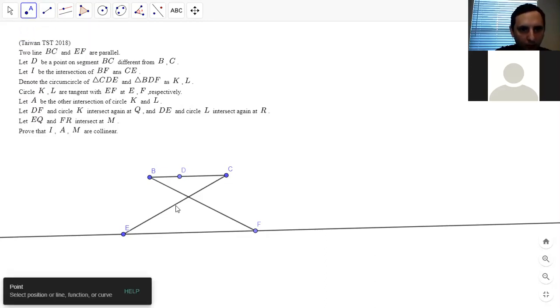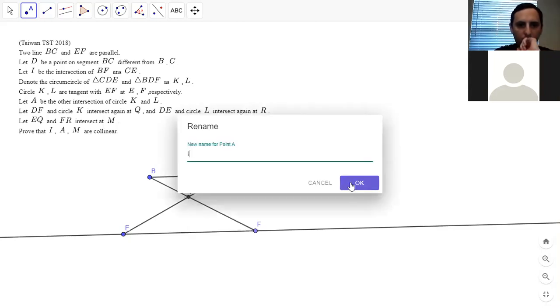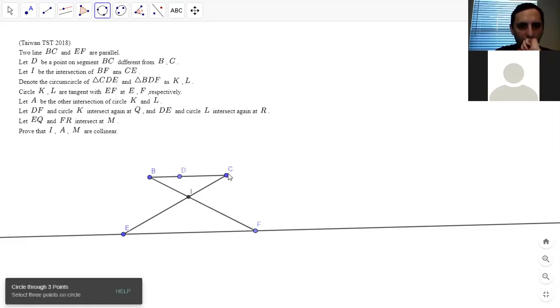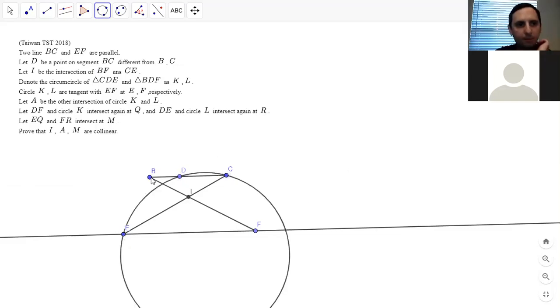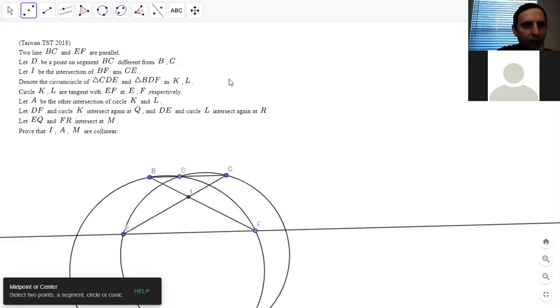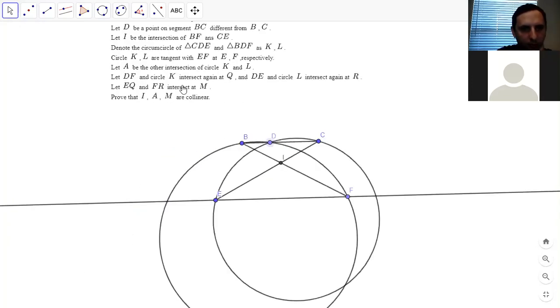And then we draw the circumcircle of CDE and BDF, and we label their centers as K and L. Oh no, the circles are called K and L. So let me move it here a little bit.